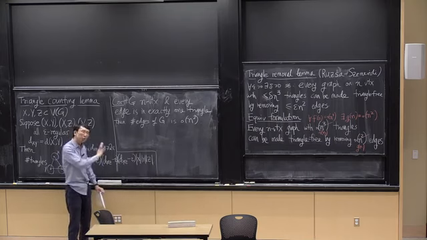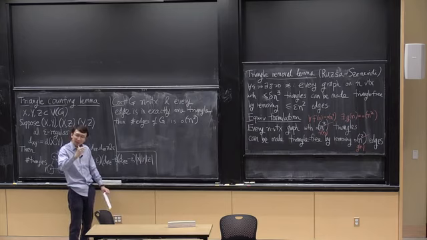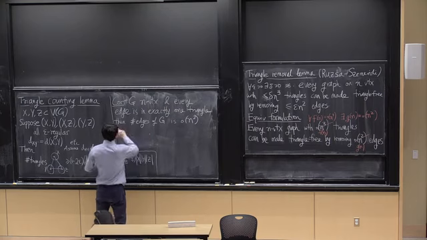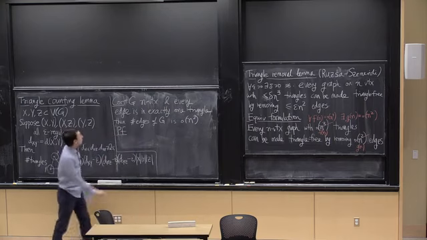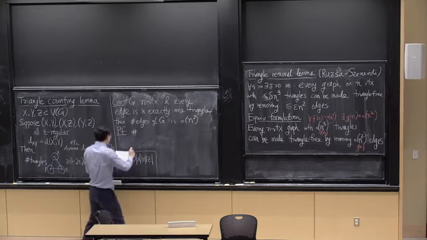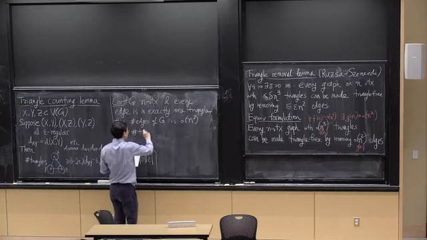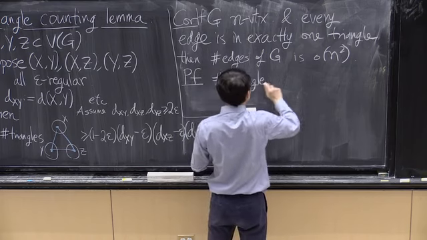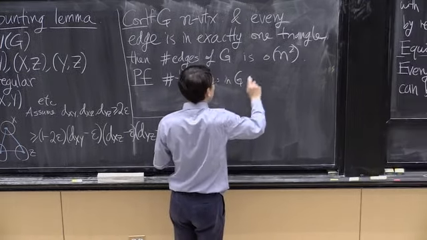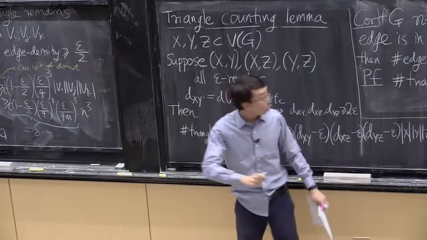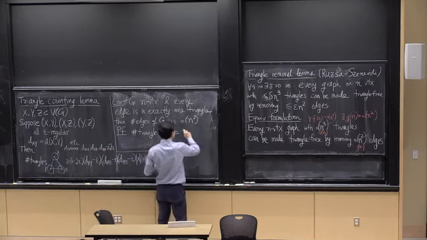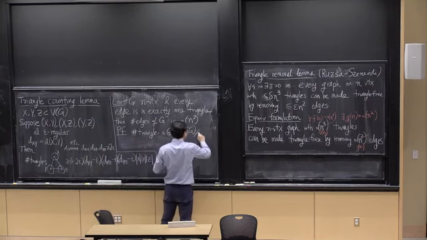These are actually kind of strange graphs. Every edge is in exactly one triangle. Okay. Well, the number of triangles in G, since every edge is in exactly one triangle, is the number of edges divided by 3.